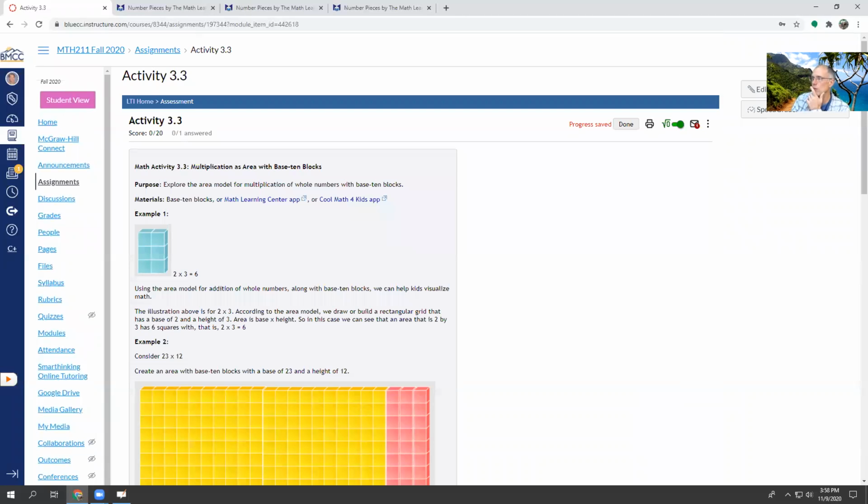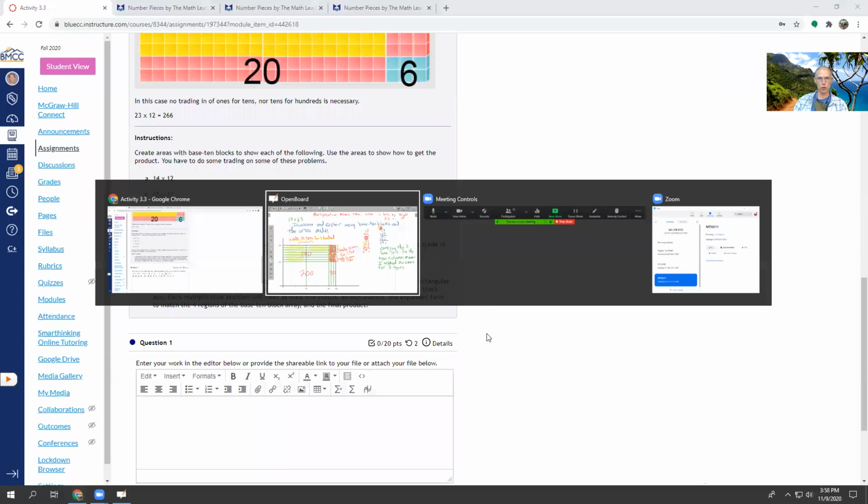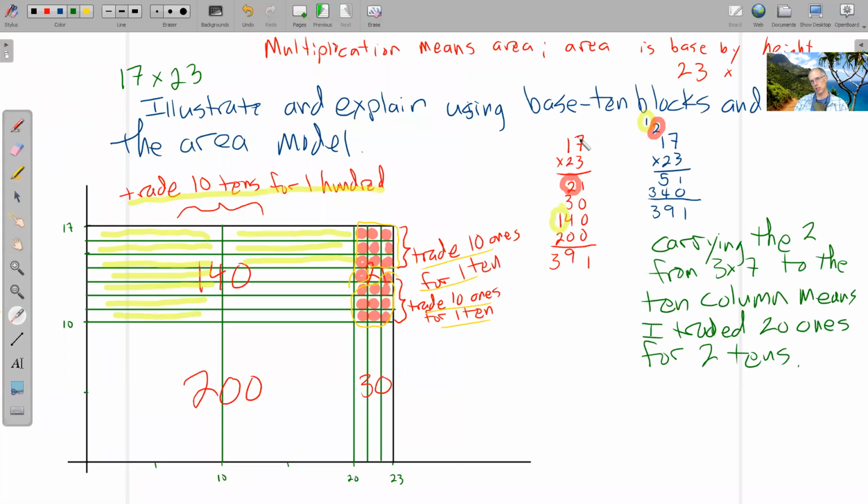All right, so let me see. Are there any questions in the chat? Nope. Does anybody have any questions about what I'm hoping for about these 4 problems there? I'm hoping for an area along with an explanation. My advice last week when I assigned this was that you show both the expanded algorithm and the standard algorithm to further help explain your answer.